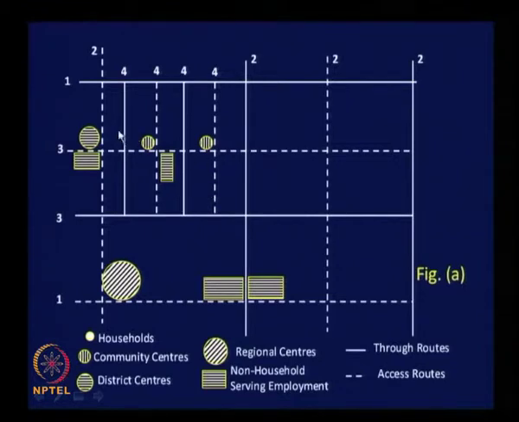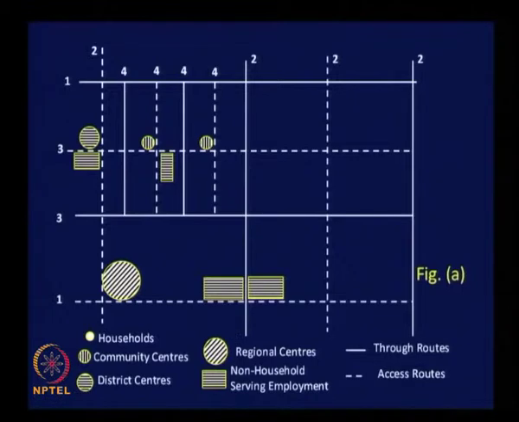And again you can see the category alternately through and access routes side by side in all the types. And type 4 is perpendicular to the next type, it is perpendicular to type 3, is it not. Type 4 is in this direction, type 3 is in this direction, and of course parallel to type 2.